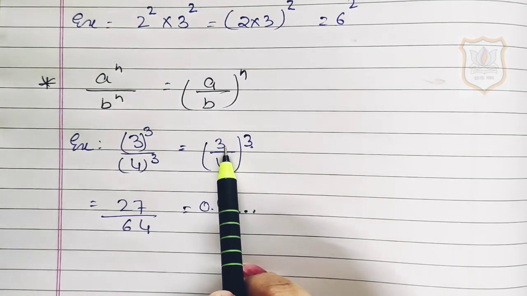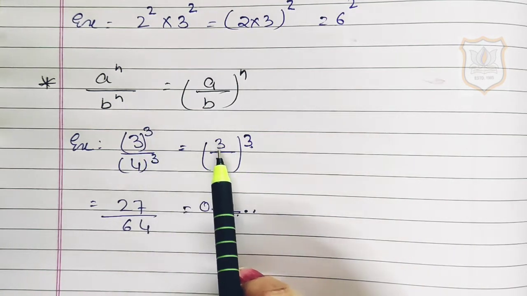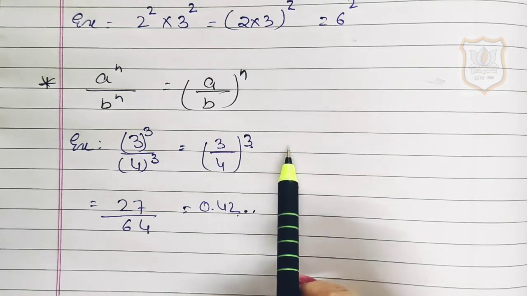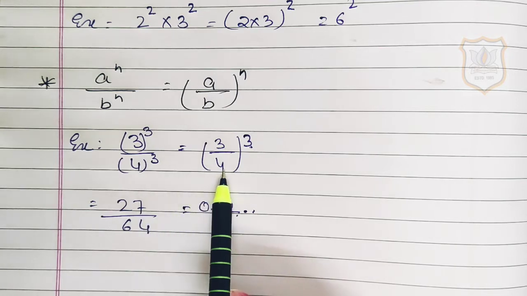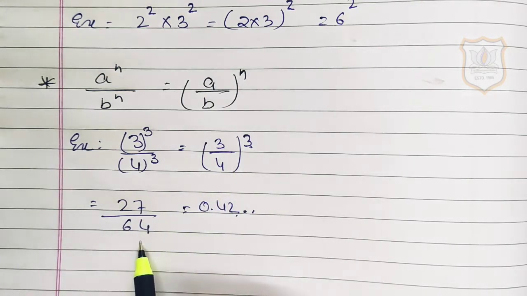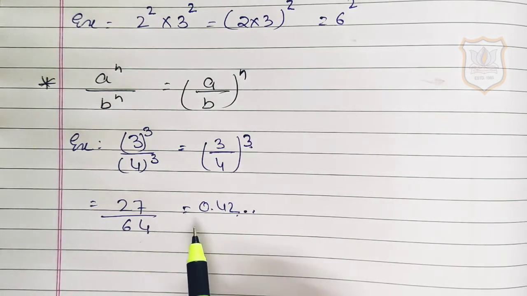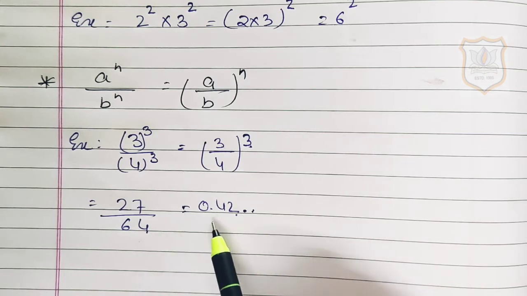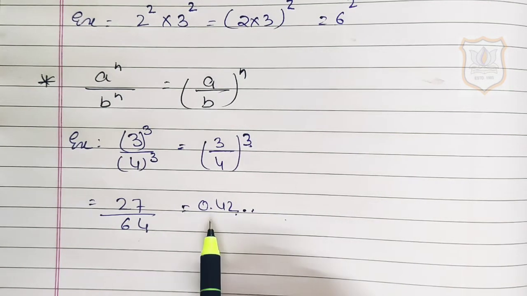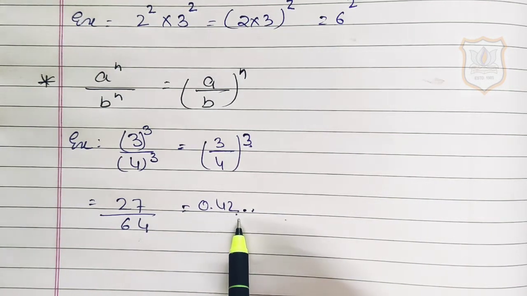Now 3 raised to power 3 means 3 multiplied by 3 multiplied by 3. 3 we will multiply 3 times. So 3 times 3 is 9, 9 times 3 is 27, and 4 also we will multiply 3 times. 4 into 4 will be 64. So 27 divided by 64 will be 0.42. Here if we divide, recurring numbers will come. So here we will write it as 0.42.